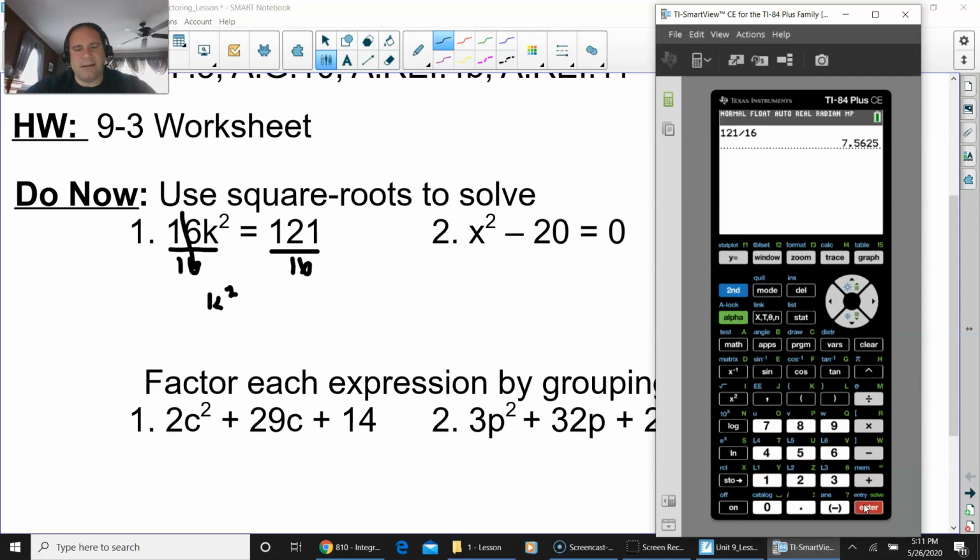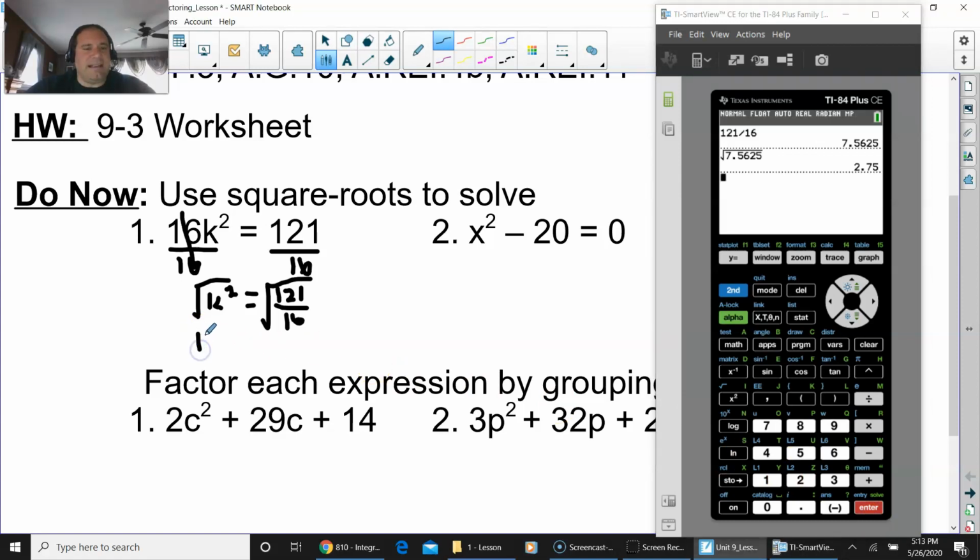It does not. So we have 121 over 16, and we have 7.5625. And if I do take the square root of 7.5625, let's see what that comes out to be. 2.75.